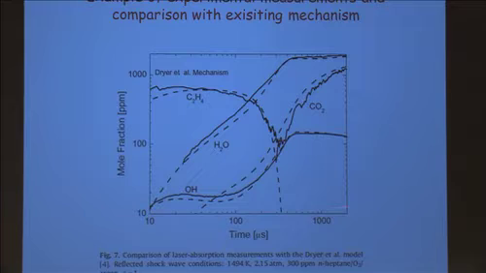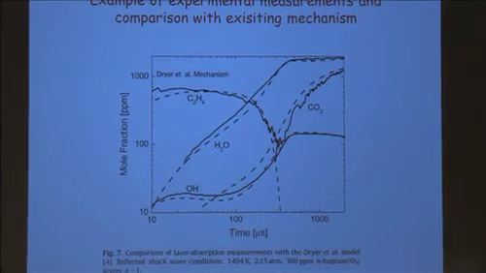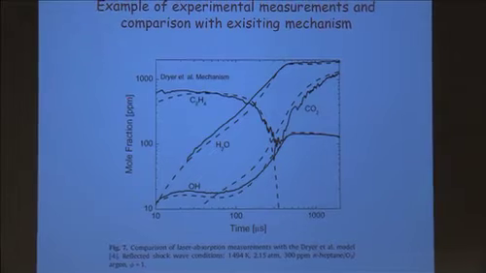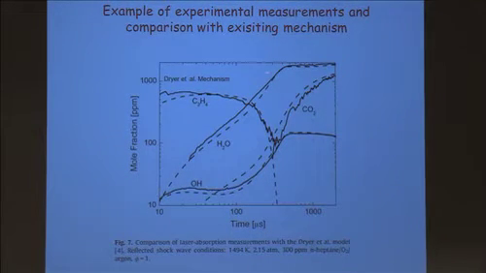So here's the time in microseconds down here. This is for heptane. And here's the ethylene, water, OH, CO2. And here are the results that come from the mechanism, which allow you to understand how well the mechanism is doing.